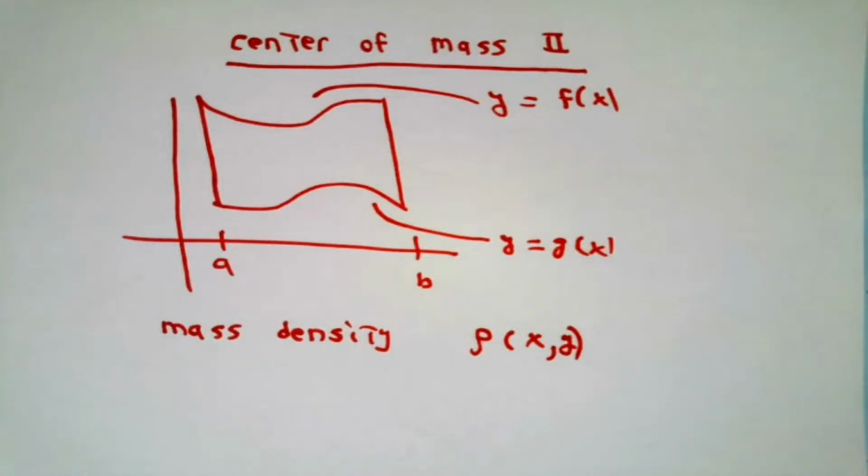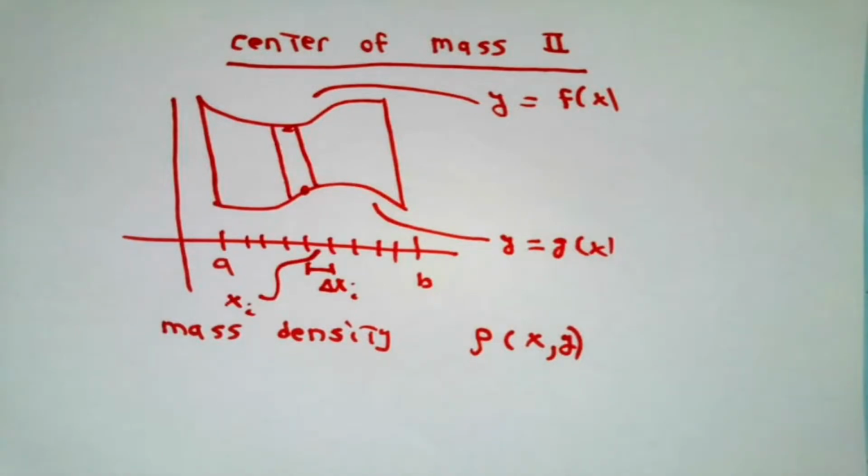It's important to understand here that unlike what we're used to, y in this context is not a function of x. It's just a number that tells me the location in the up and down direction within my region. In this rho of x and y, the x and y are considered to be two completely independent variables.